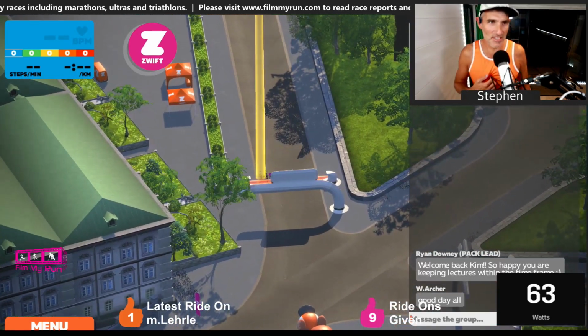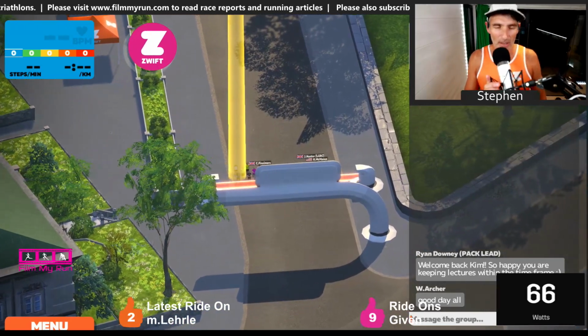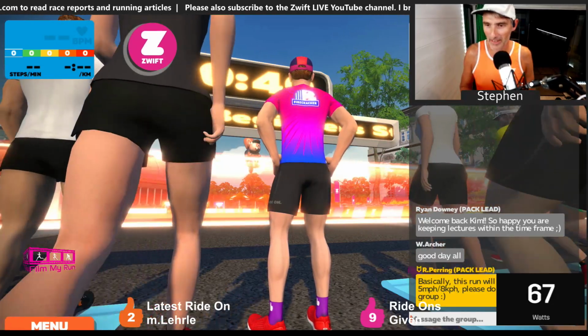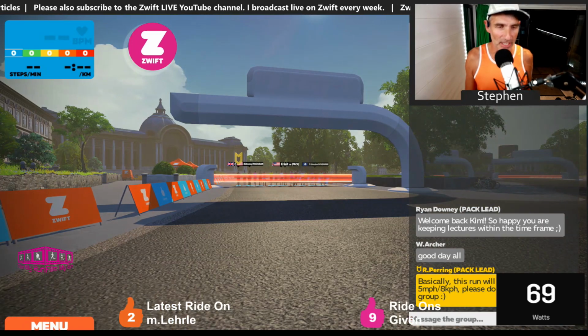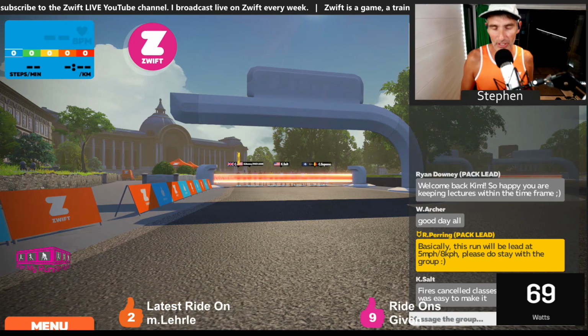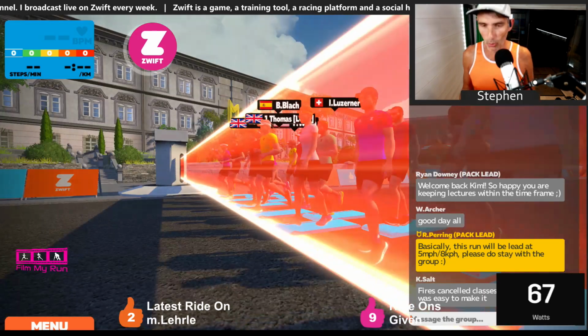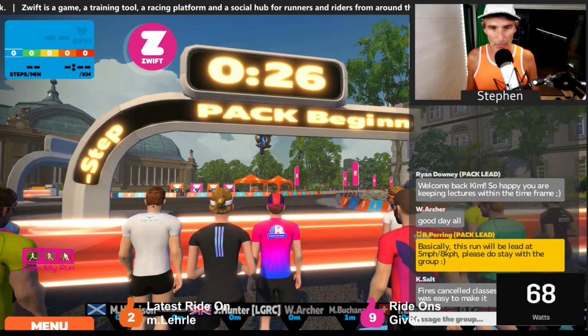So this is the Zwift Pack Beginners step-by-step group. Sorry, that just threw me for a minute there. We're going to be running very slowly, 8 kilometers per hour. This run is for beginner runners, people who are coming back from injury, and it's all about just staying together and helping people through.